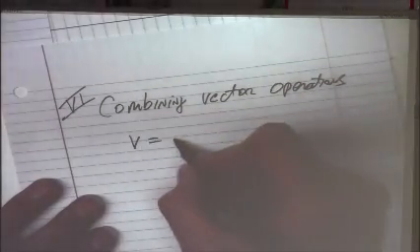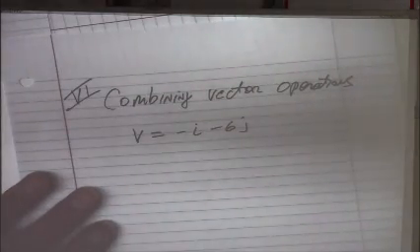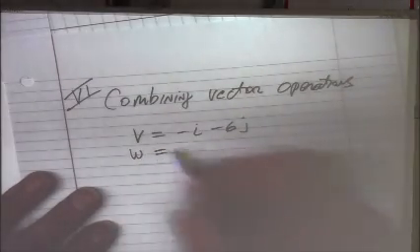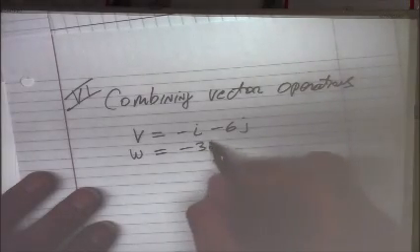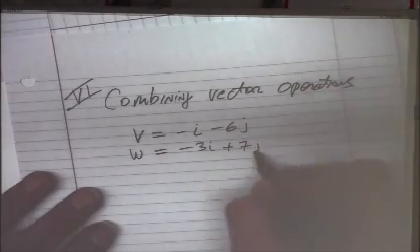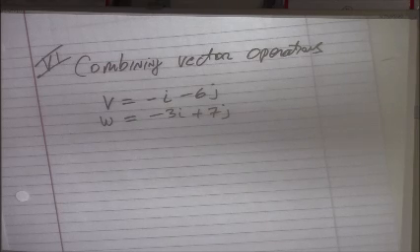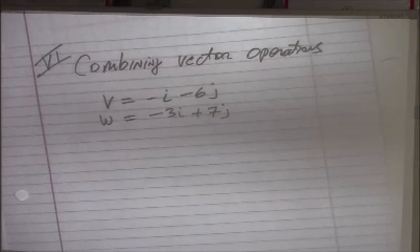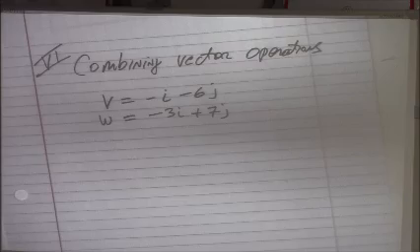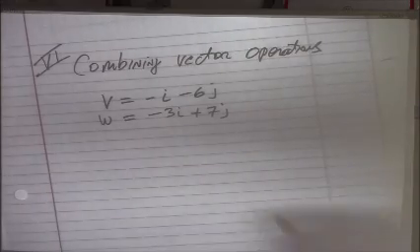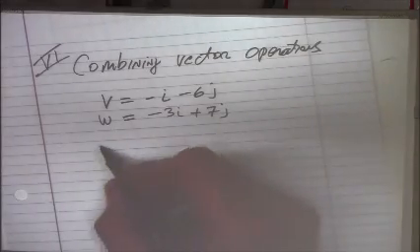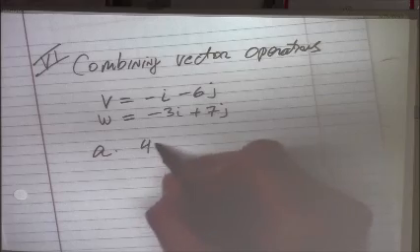V equals -i minus 6j, and I'll use the vector W, -3i plus 7j. So we have those two vectors here, and we're going to do some things with them. Doing the multiplying and stuff is actually so easy, that's why I'll do it here anyway, because it's part of this problem, but it's really easy.